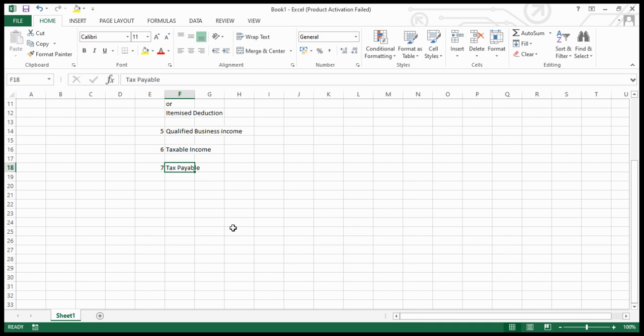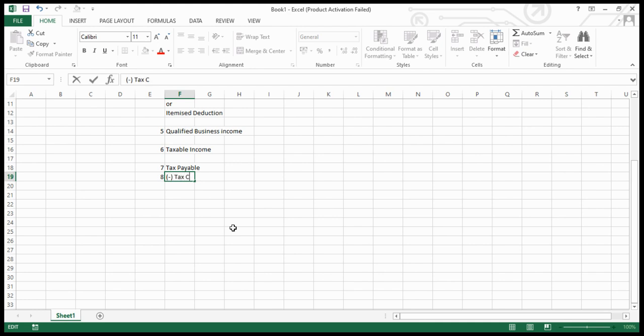Is there any amount that can be reduced from the tax payable? Yes. So the other one I am going to write: from the tax payable I can take some credits. I'm writing it here.